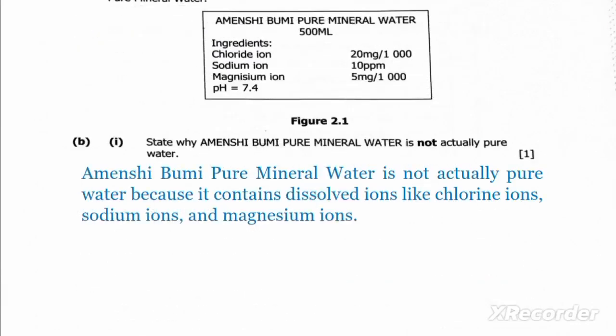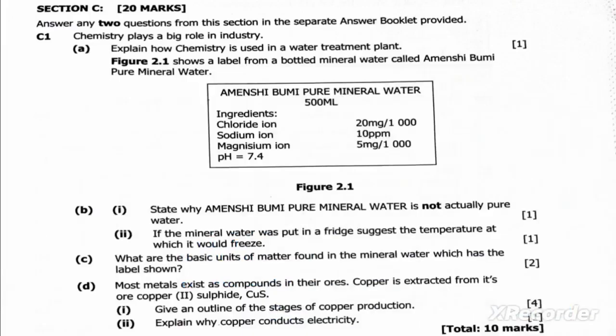We move to the next question, which is question B, Roman numeral 2. If the mineral water was put in a fridge, suggest the temperature at which it would freeze.